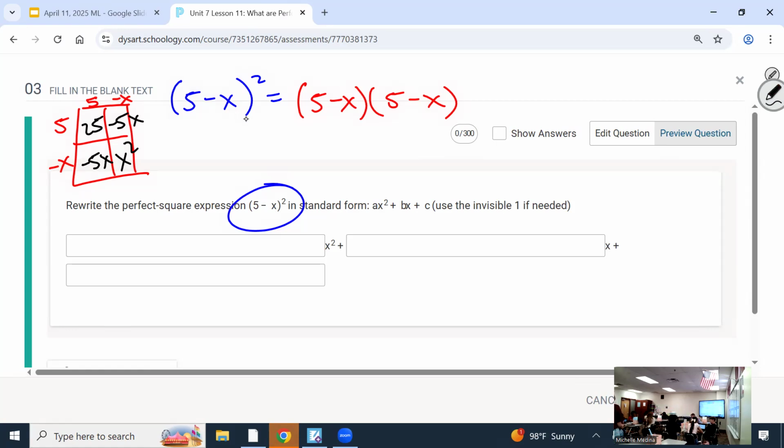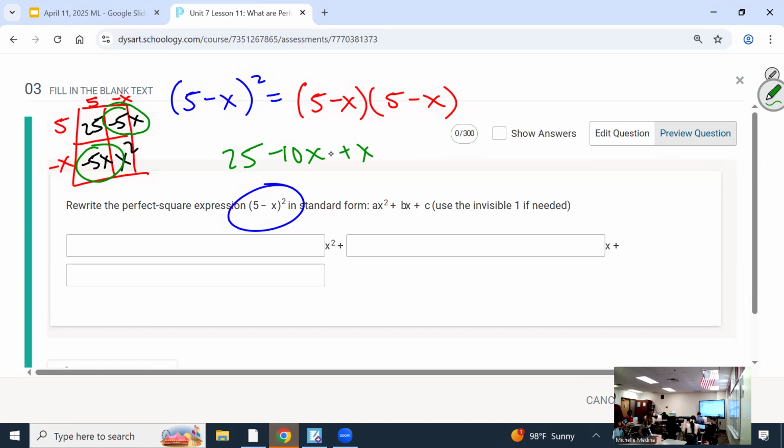Okay, so then at this stage, you would combine any like terms, which I have a like term here and here. Class, so it's negative 5x plus negative 5x. Negative 10x. So those are my like terms, and maybe you wrote it in this order when you were multiplying.